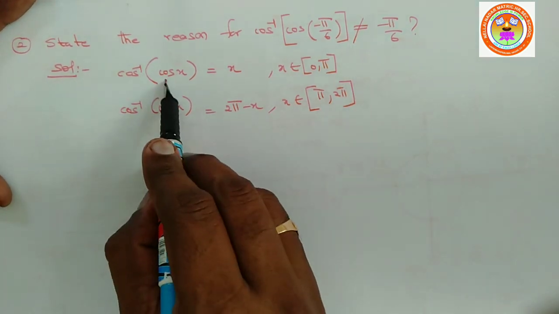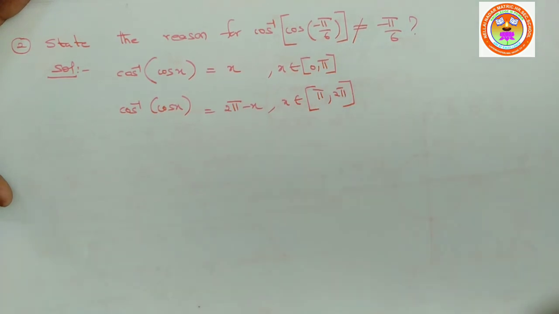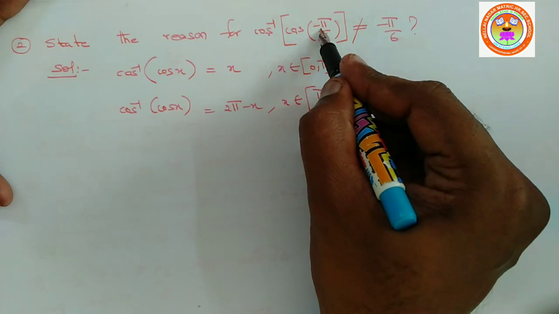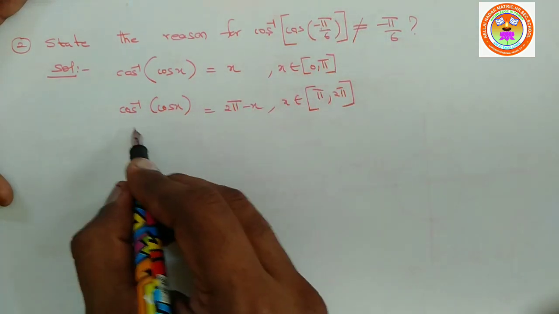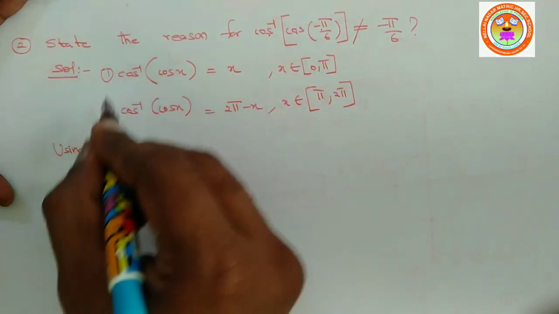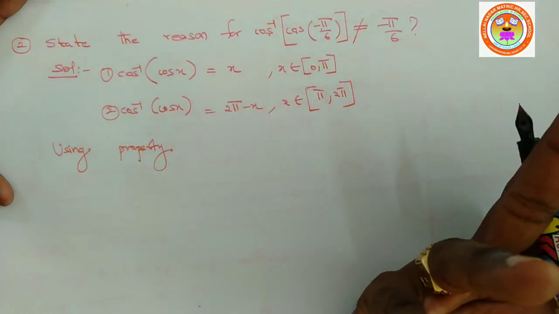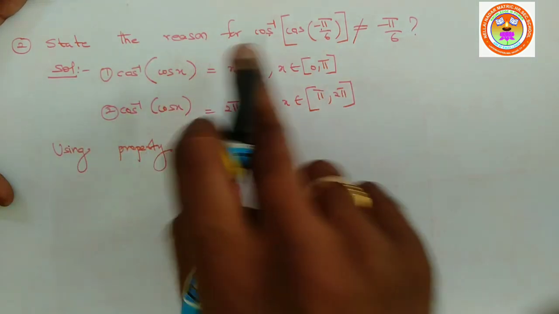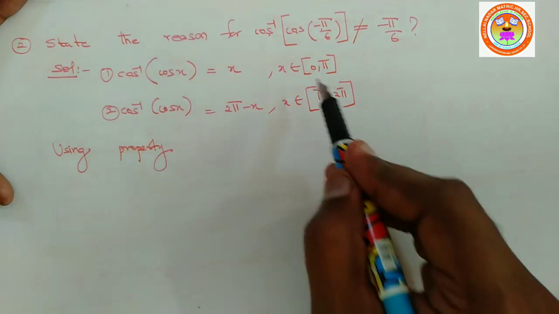But here cos is followed by an angle, so we are only putting the angle. If I take cos inverse of cos of minus pi by 6 and compare it using property 1 or 2, no problem, because this is also cos inverse of cos of x.